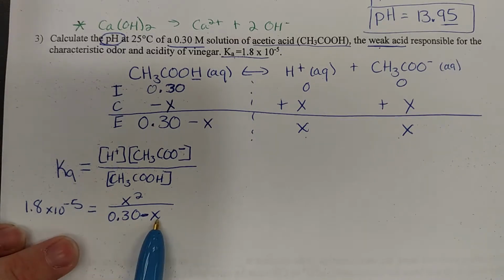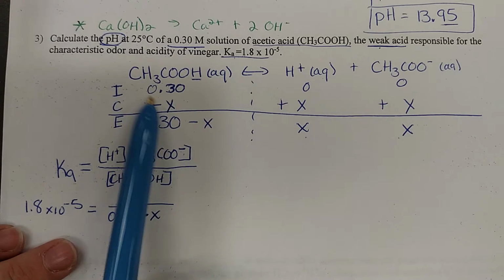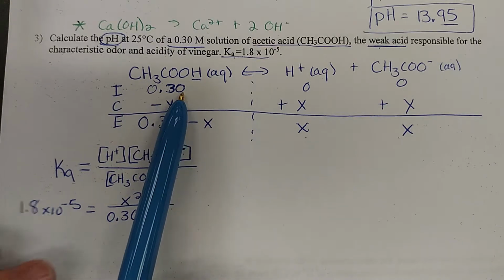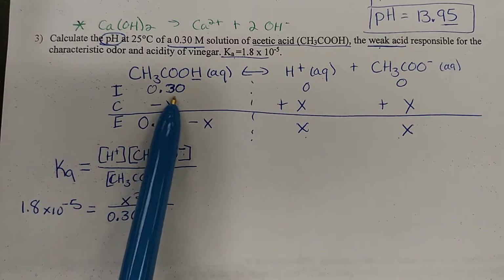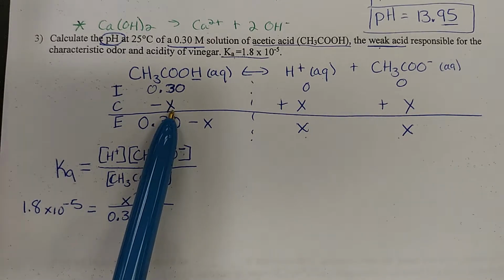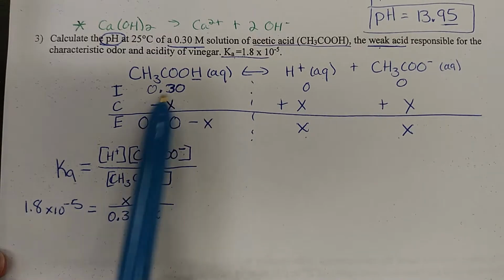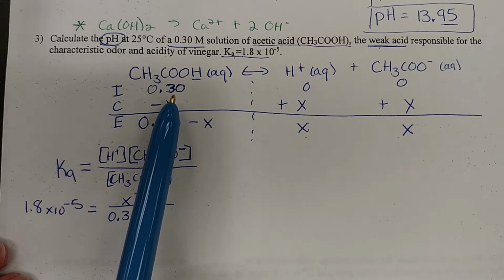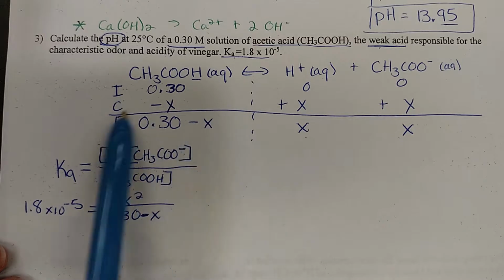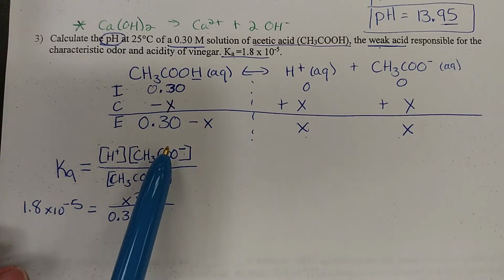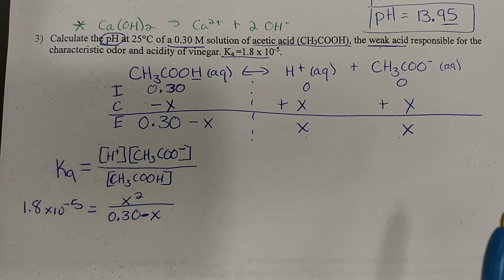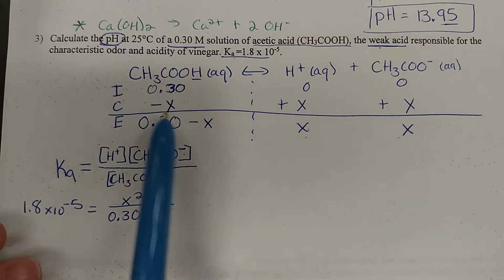If we look at this value, 0.30 minus X, we know that not much of this is going to actually break down. It's a small concentration, and the amount of X that's actually going to break apart, those few molecules that do break apart, is going to be so small that once we round our answer to significant figures, so say X was 0.0003, right? It's a very small number.